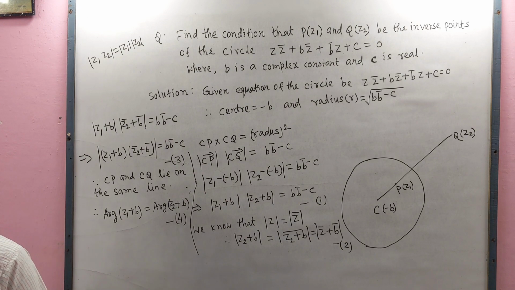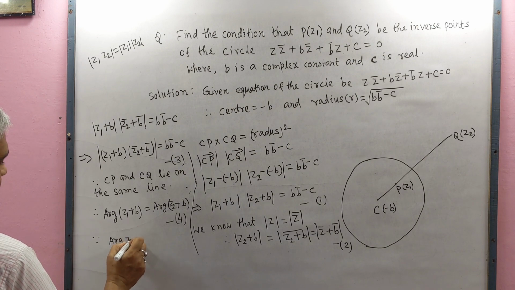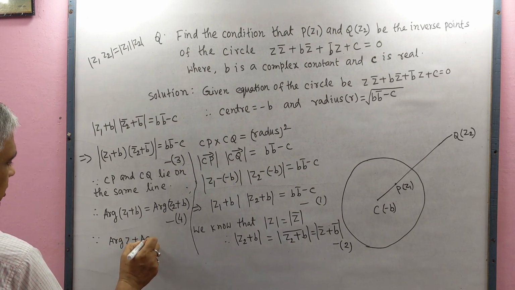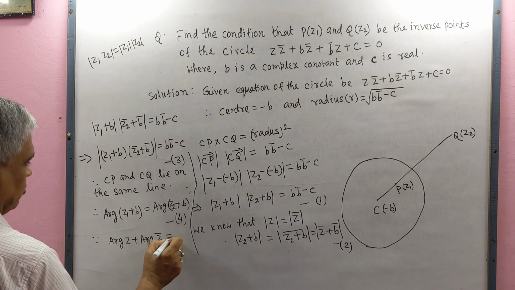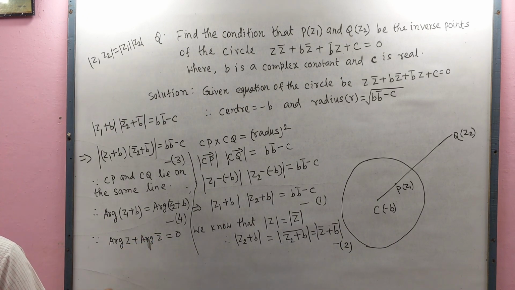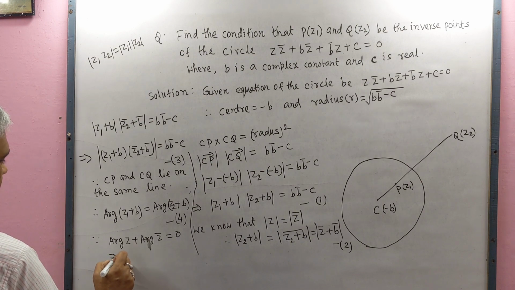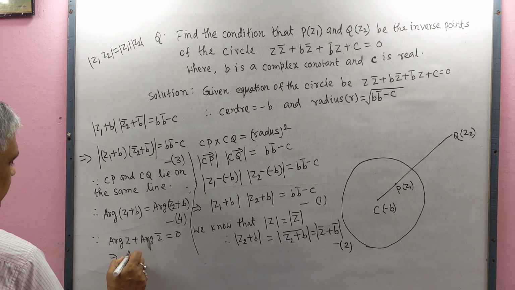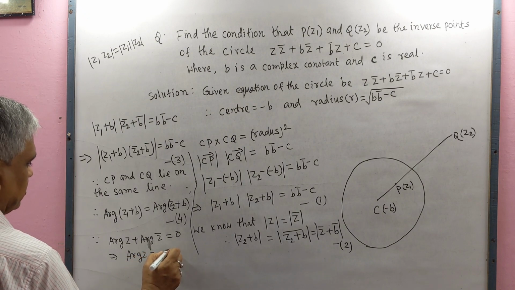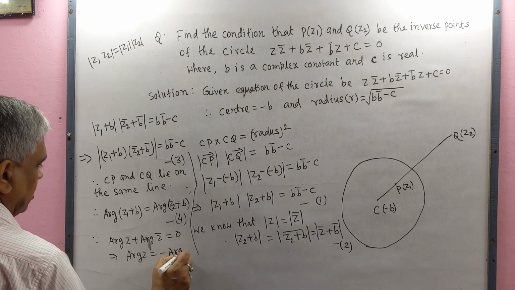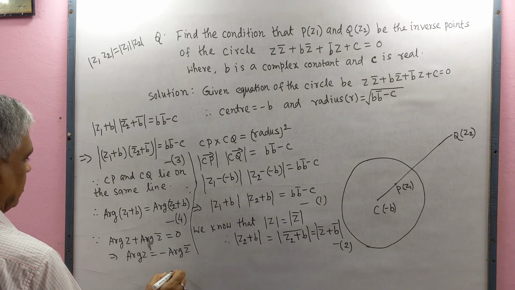Since we know that argument Z plus argument Z bar equals 0, this implies that argument Z equals minus argument Z bar.